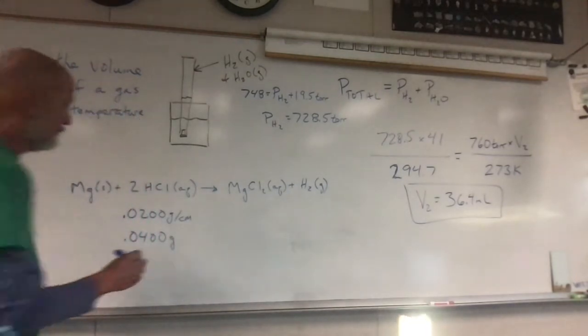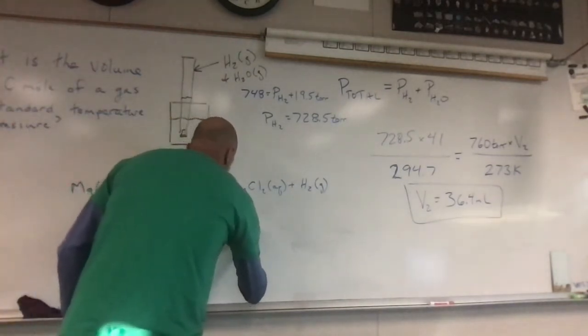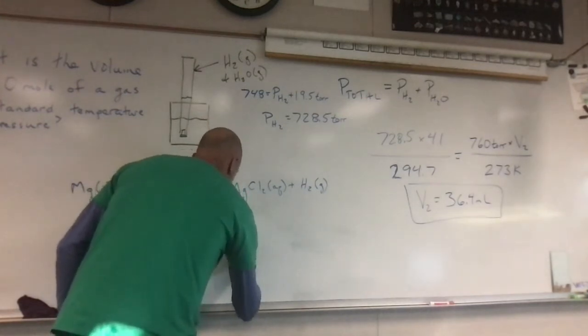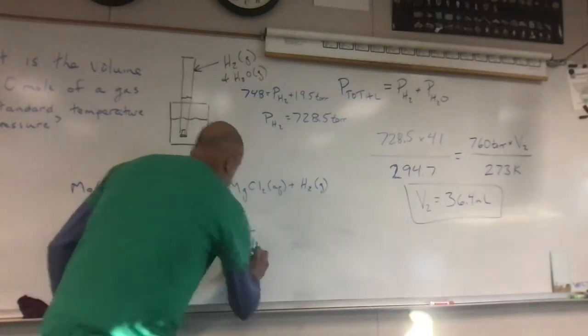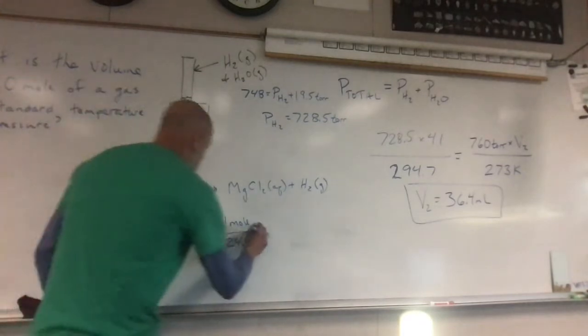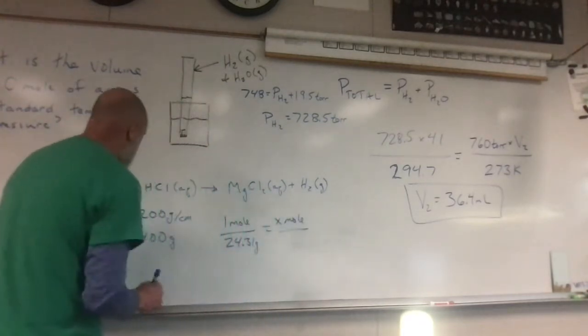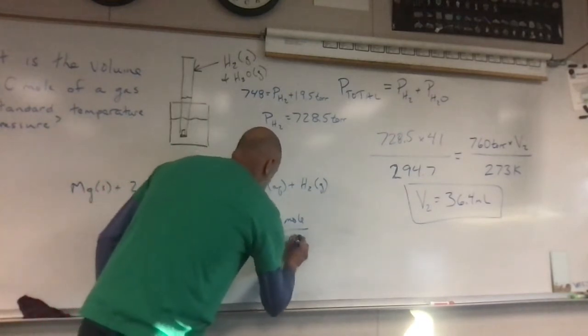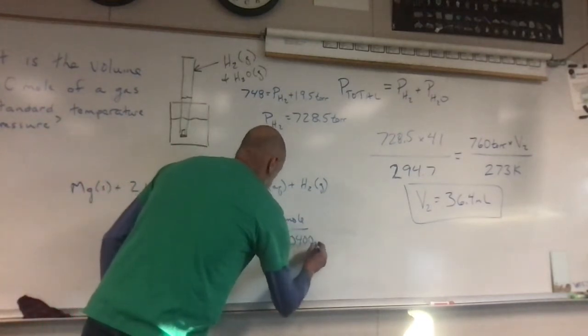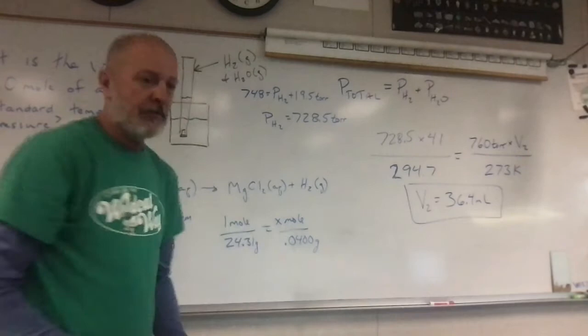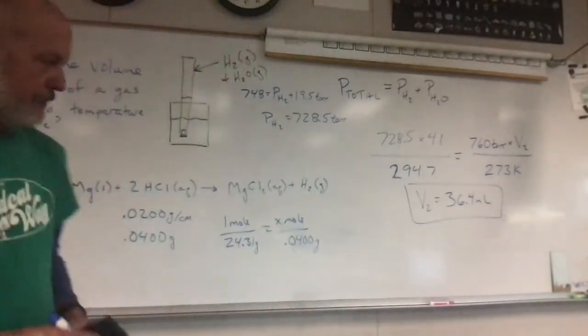Convert to moles. 1 mole of magnesium, 24.31 grams, has how many moles are in 0.0400 grams? Quick calculation.